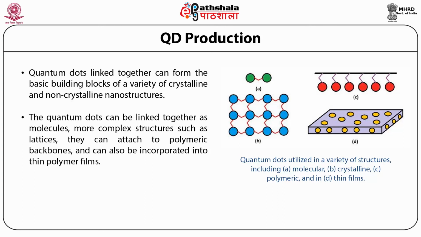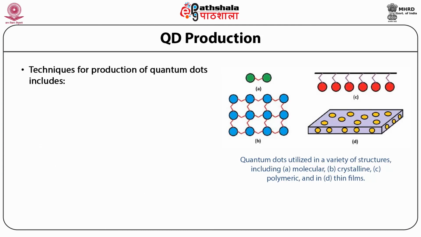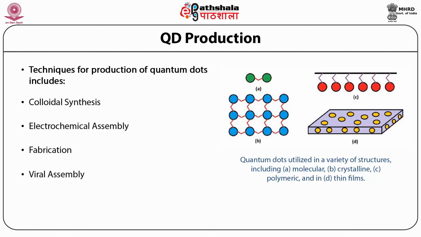So these figures show the quantum dots utilized in a variety of structures, including molecular, crystalline, polymeric, and even in thin films. The quantum dot can be prepared by a variety of different techniques such as colloidal synthesis, electrochemical assembly, fabrication, and viral assembly.